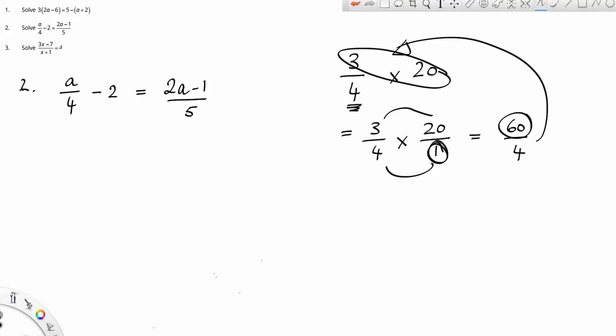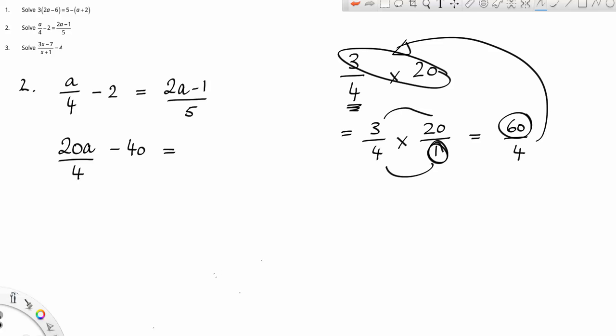Okay, so we've got a on 4 and we're multiplying by 20, so it's the top that's going to change from a to 20a. Now the denominator will stay the same. We'll see what happens to that in a minute. Then the next term, minus 2 times 20, that's minus 40.